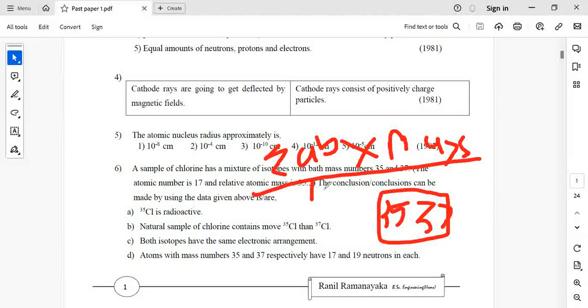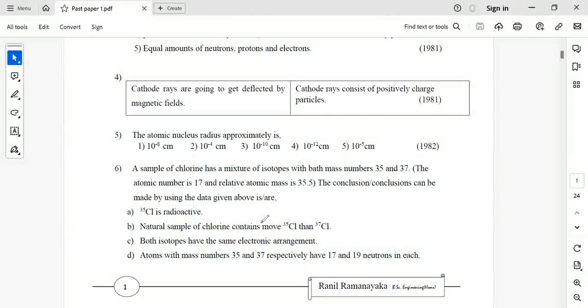Using that, you can find the abundance, and you know that if there are 2 isotopes, the relative atomic mass is nearly equal to the mass of the isotope with the higher abundance.